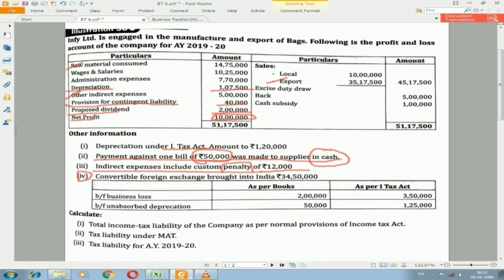Sometimes the government may give a subsidy for any activities related to exports or any activity which is done in special economic zones or any other areas. In the same way they have given cash subsidy, it will also be considered as business income. So that is the reason we are not taking it. Apart from this, we don't have any non-business income on the credit side. So first point will be nil.